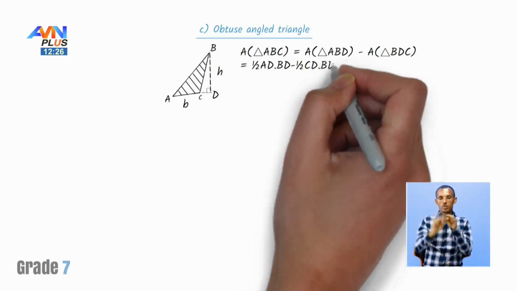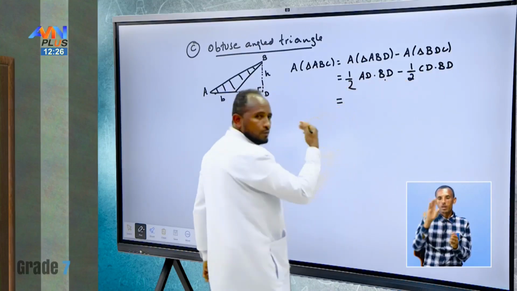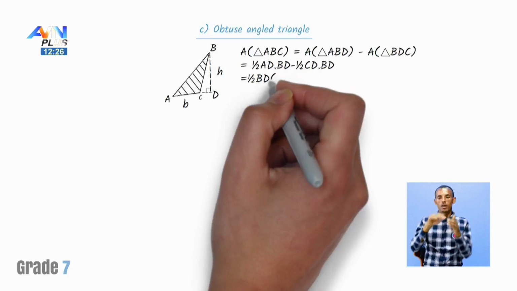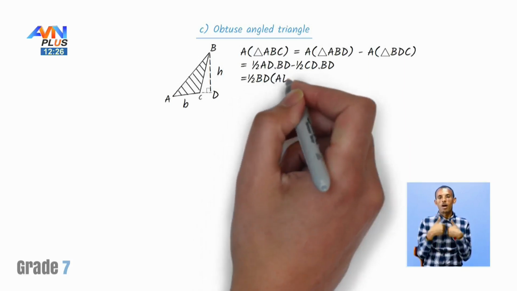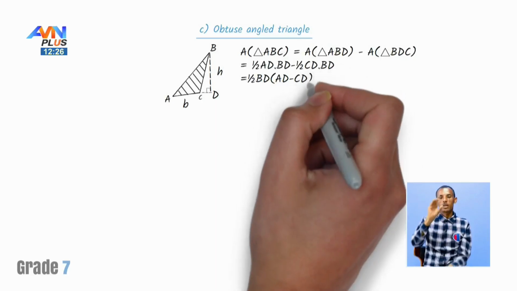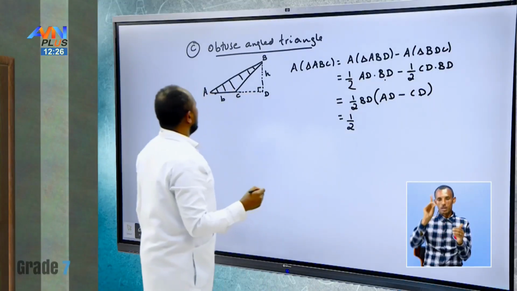You can take the common factor, half BD, outside, and you have here AD minus CD. So this will be equal to half times BD.